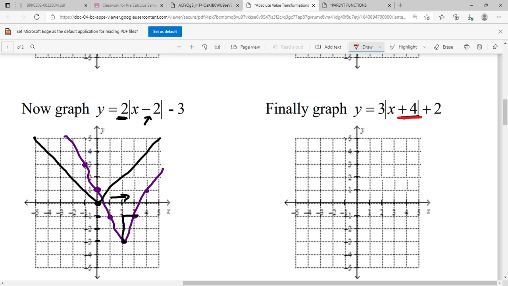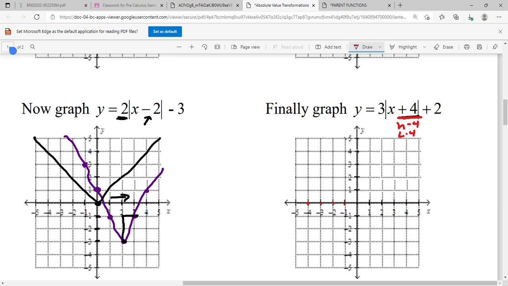Think of that as being horizontal. And that would mean that we're going to go, let's see, we changed the sign to negative 4. That means we're going to go to the left 4. So instead of here, we're going to be going 1, 2, 3, 4. It's somewhere over here, right?